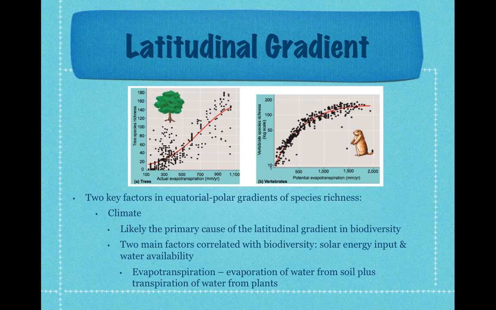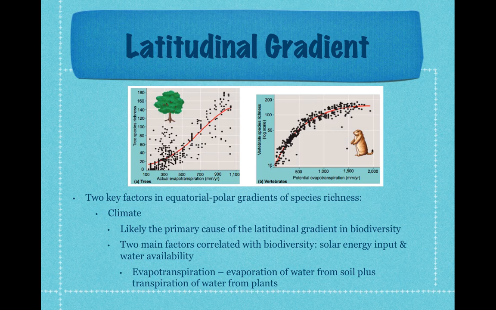Then you've got your climate, and this is probably also a major contributor to the different biodiversity. What you really end up seeing is a connection between the solar energy input and the water availability. We're looking at a connection between diversity and evapotranspiration, the evaporation of water from the soil plus water from your plants.